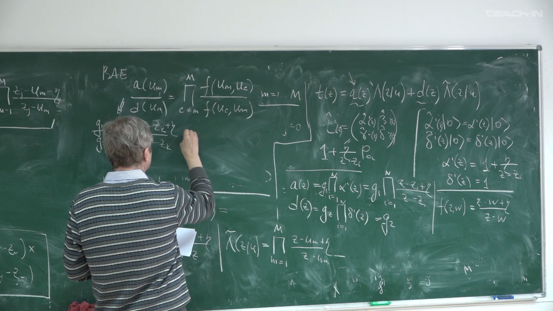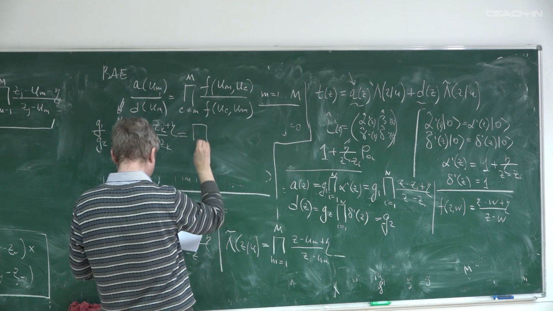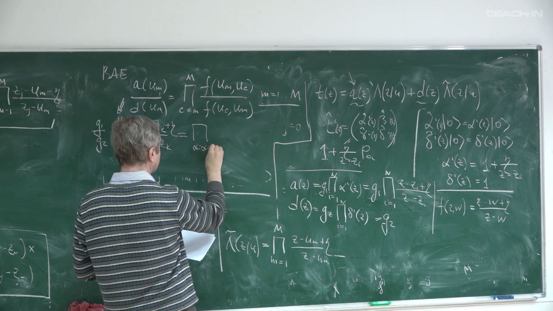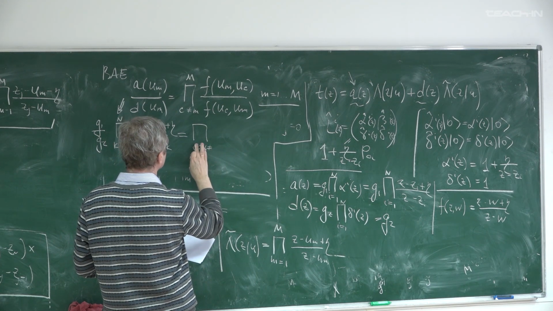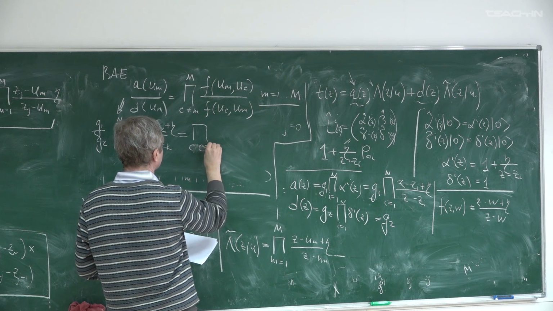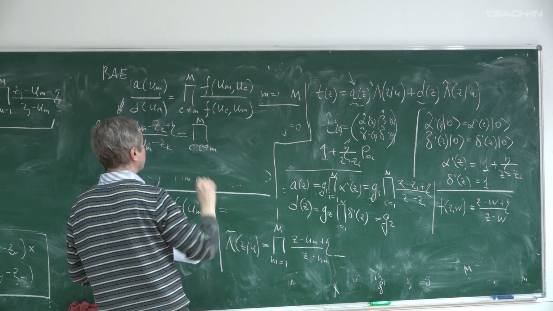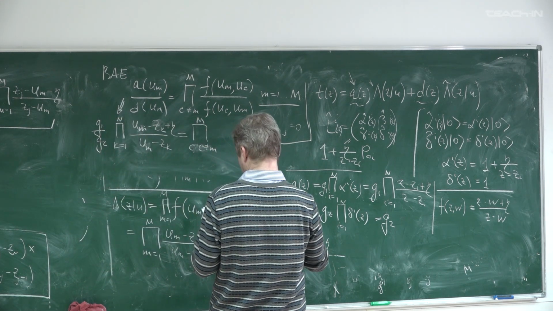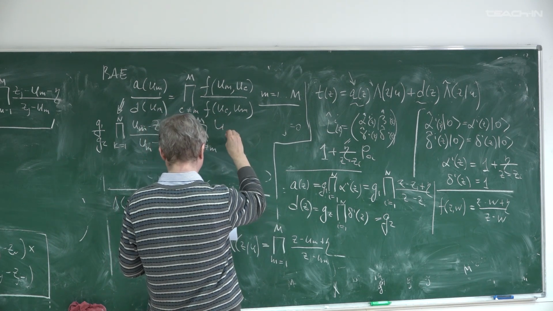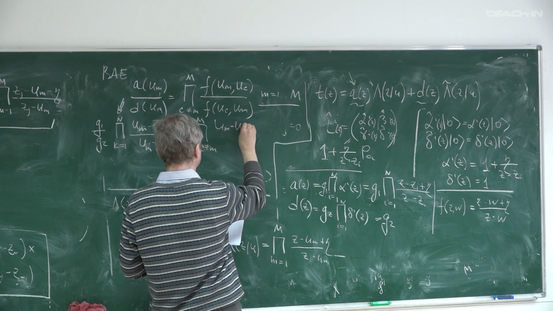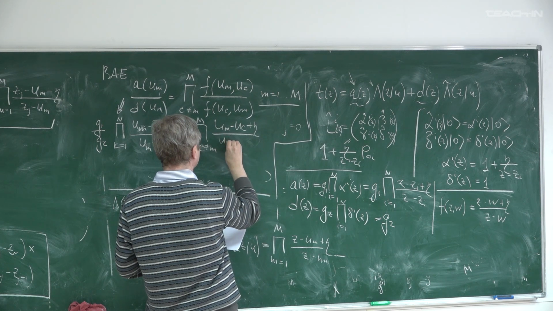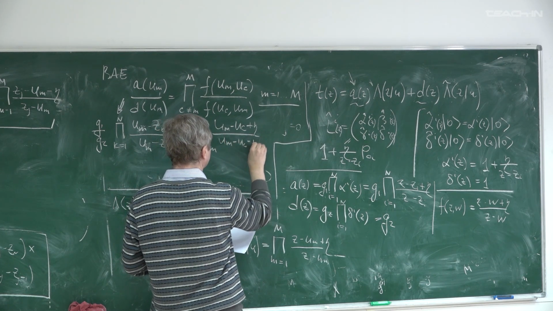And it is equal to a product over c, which is not equal to m, from 1 to M large, of u_m minus u_c plus eta over u_m minus u_c minus eta.